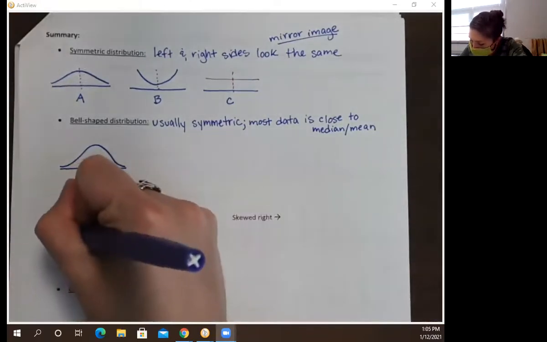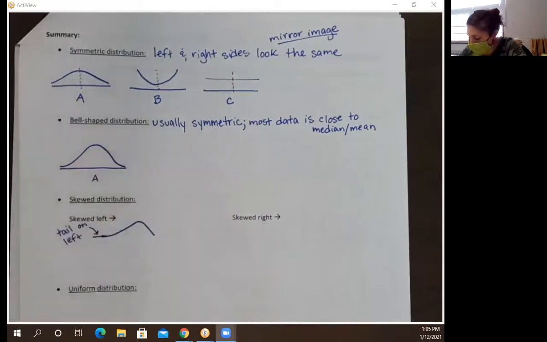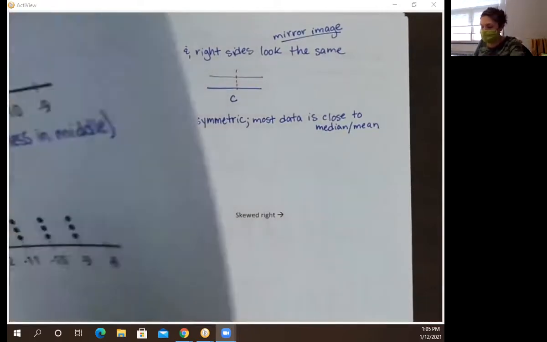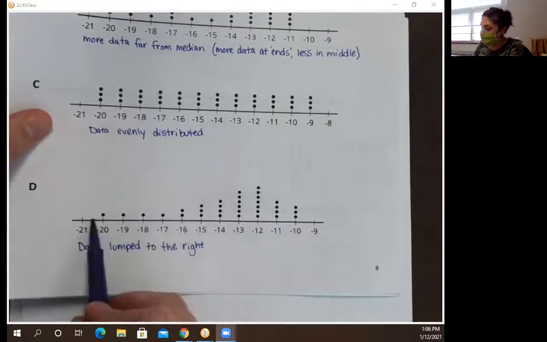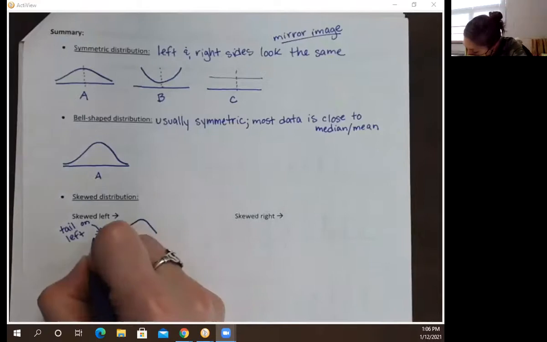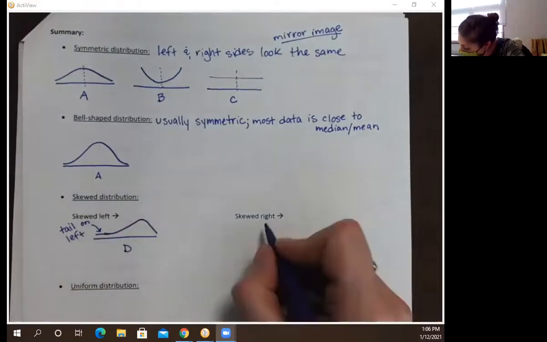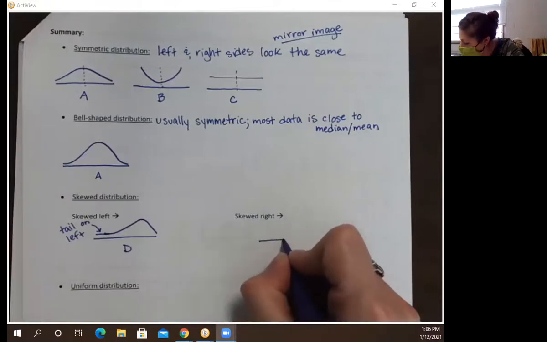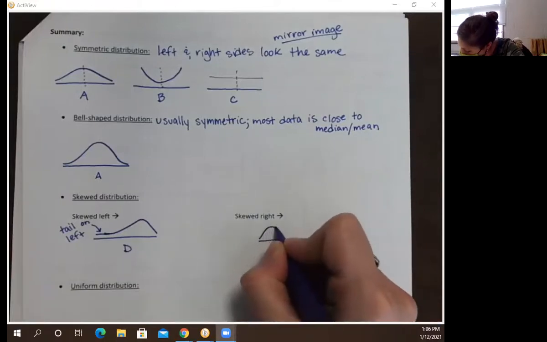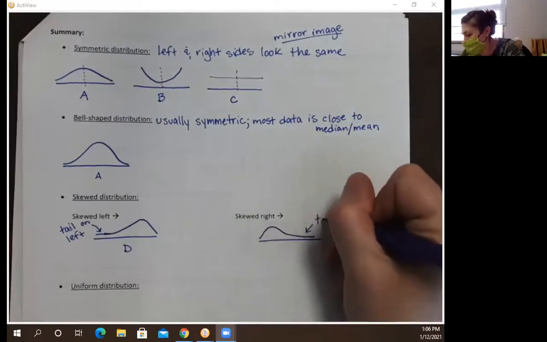We have a tail on the left. So that would be like D. That tail is on the left. We could have the mirror image of this as well, where we've got a big lump of data on the left and then that tail on the right.